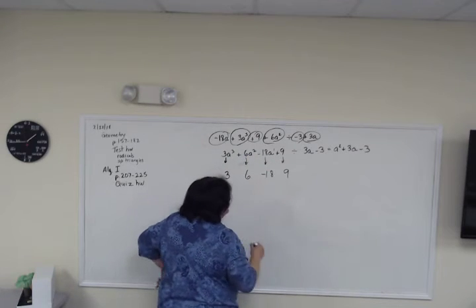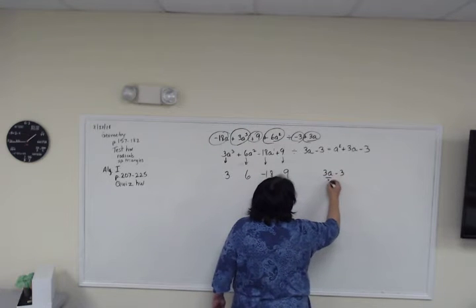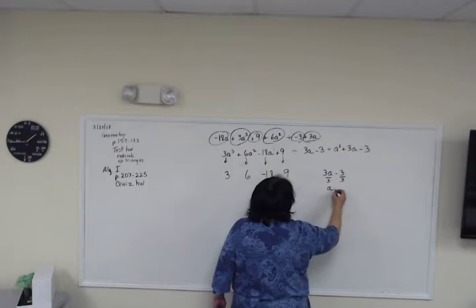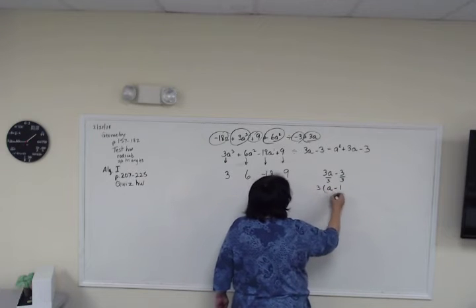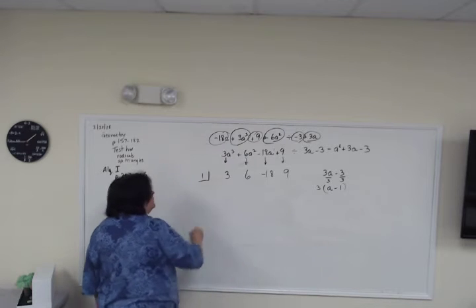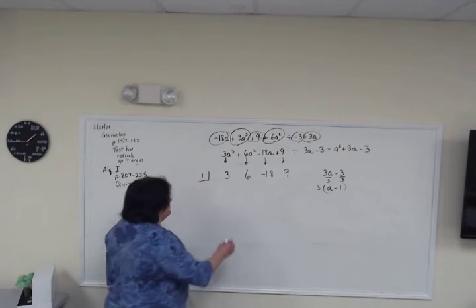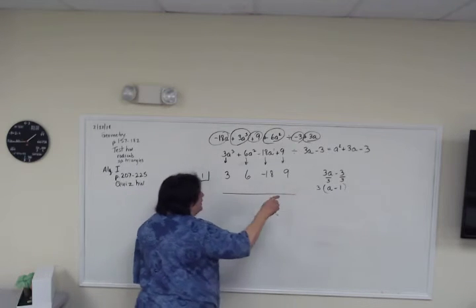Right? Now, 3a minus 3 is 3 times a minus 1, right? A minus what? 1. Oh, that's why I did it wrong. I ended up doing negative 1. That's the question you ask yourself: a minus what?